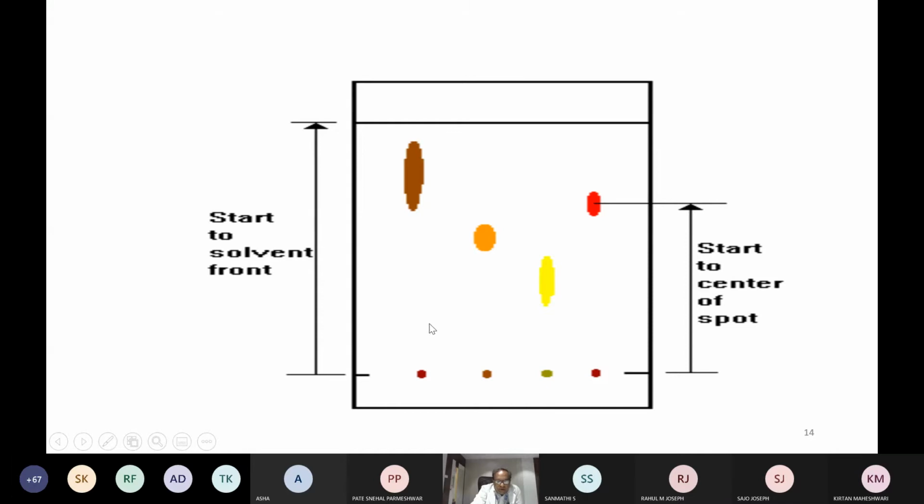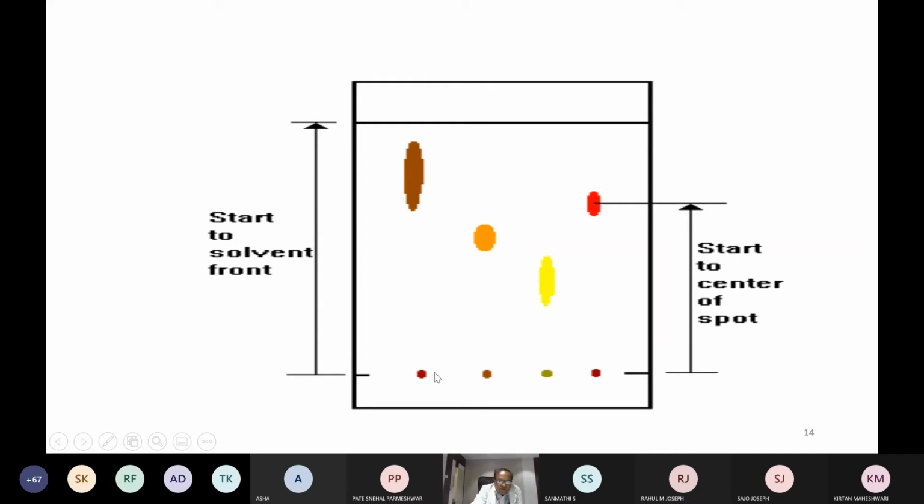At that time, we will put the mixture of the test sample, just as one spot here. This is one sample, this is the second sample, third and fourth, like that.